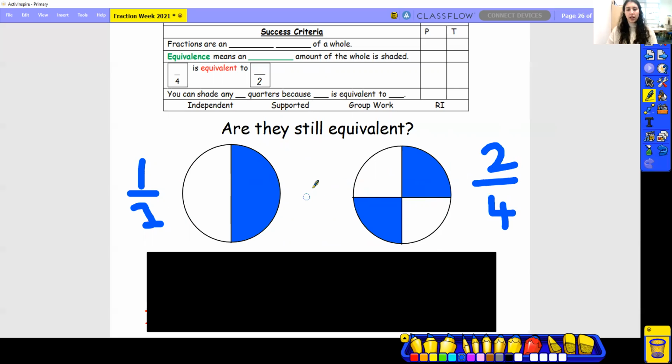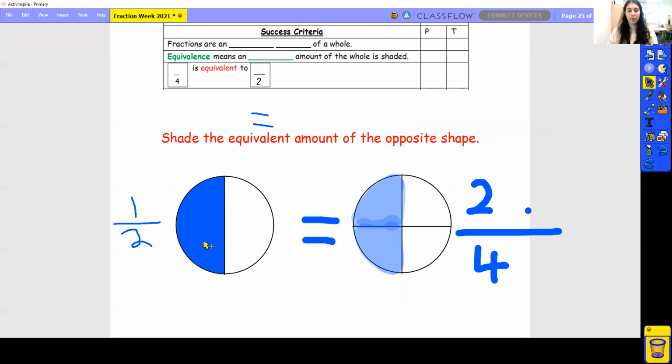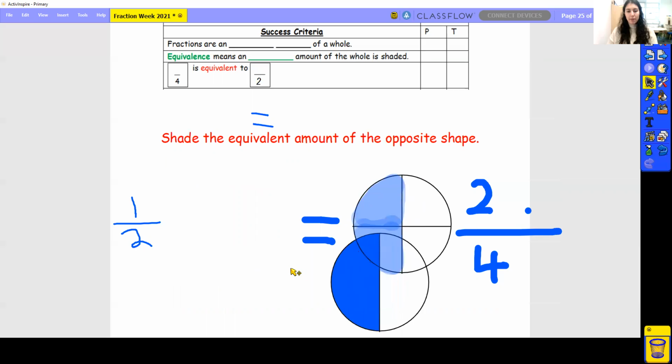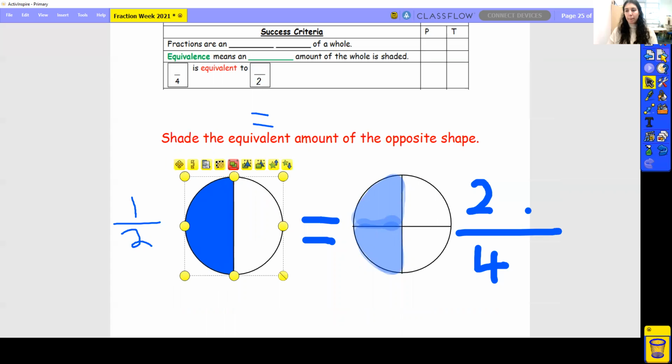Are they still equivalent? You can see here that this half was shaded, and then when I shaded 2 of them, I shaded these 2 here, and you can see if I put them on top of each other, the same amount of that whole is shaded. There you go, exactly the same amount of the whole.